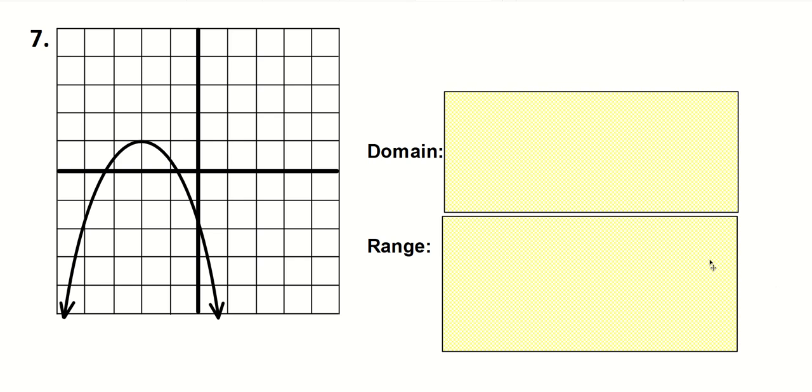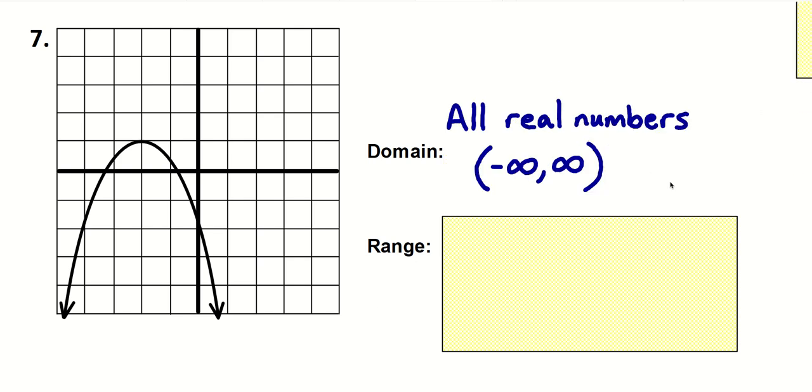Just FYI there. So this one is similar because it's a U shape, but it's an upside down U shape. So now for the domain, it's going to keep opening left and right forever. So there's not going to be a smallest x or a largest x.